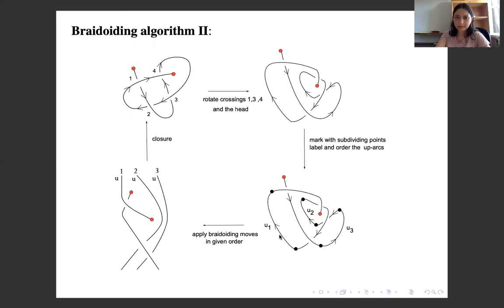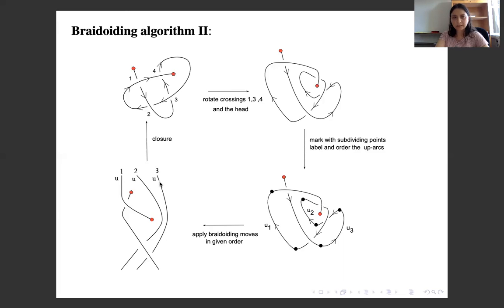The free up arcs are labeled in a homogeneous way with the same label. We are free to do that for free up arcs. And we give an order, and we apply the braidoiding moves to obtain this braidoid diagram with labels on its corresponding ends.